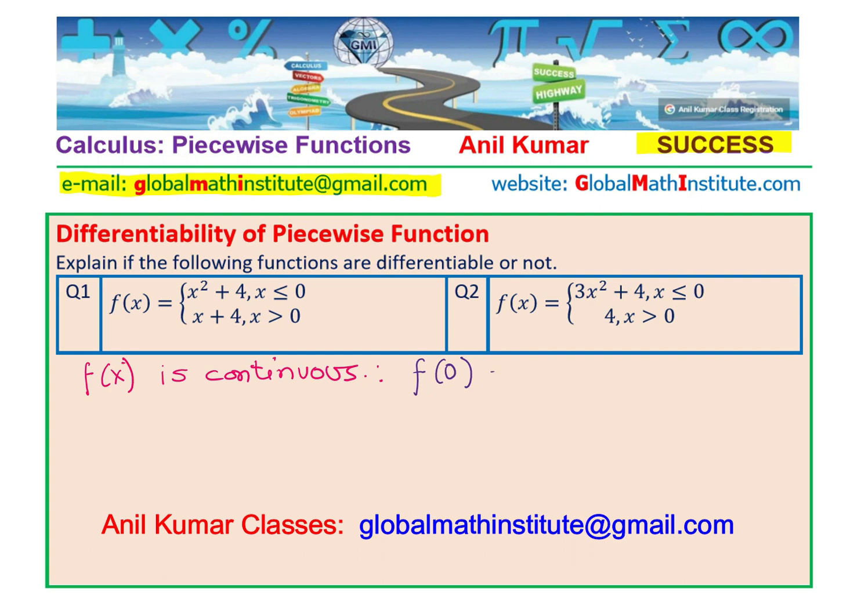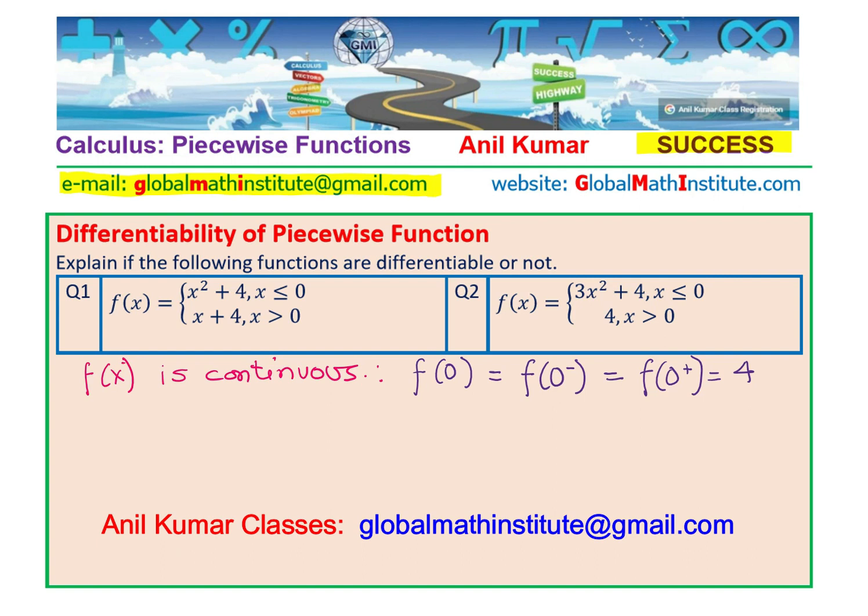We also found that the value of the function when you approach 0 from the left side is equal to the value when you approach 0 from the right side. All these values, if you put x as 0, are actually 4. So both the functions are continuous. Now let's check for derivatives.